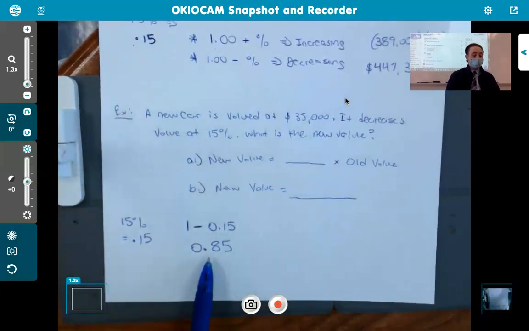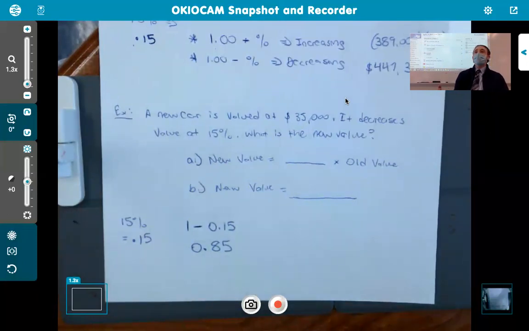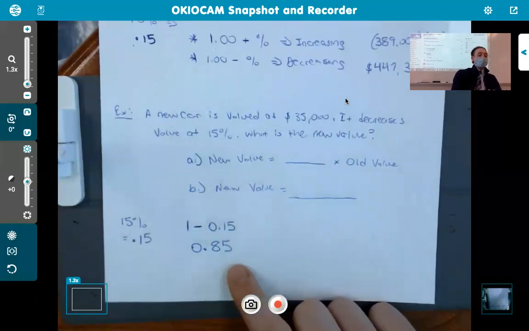Okay. Think of it this way. If something is at 100% value, decreases 15%, then it's at 85% of its original value, right? So that's where we get the 0.85 from.